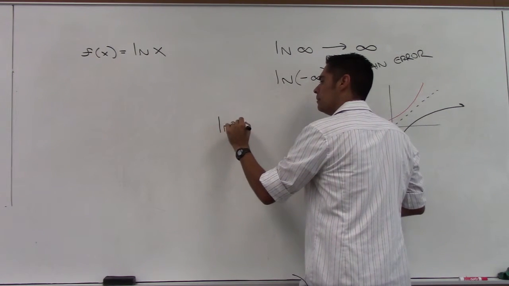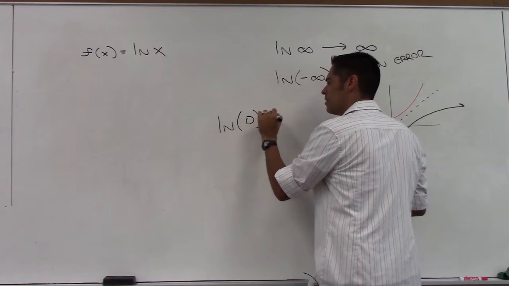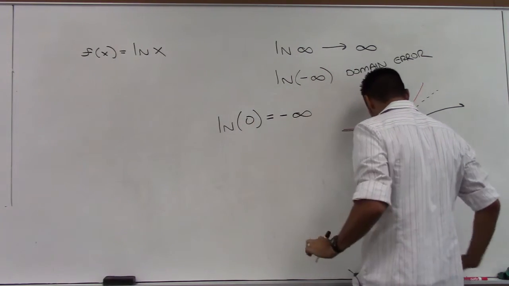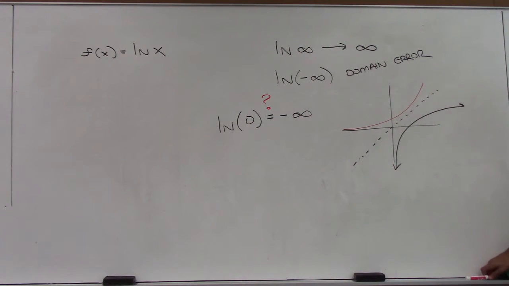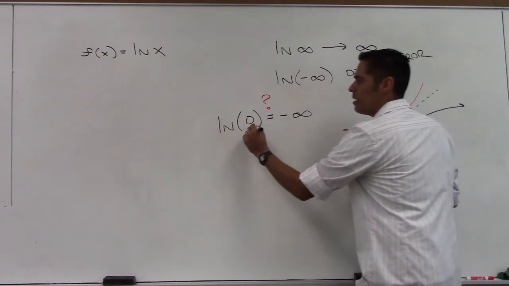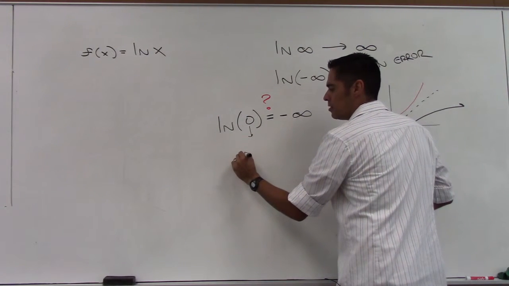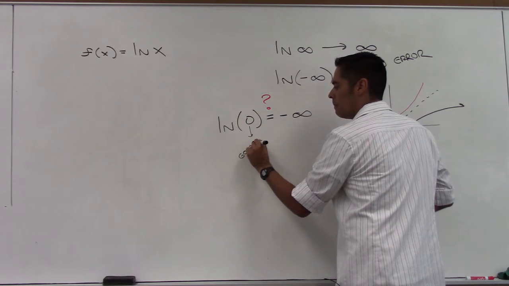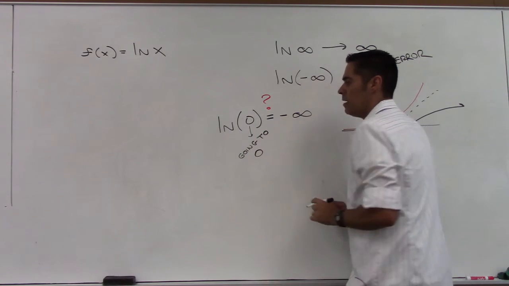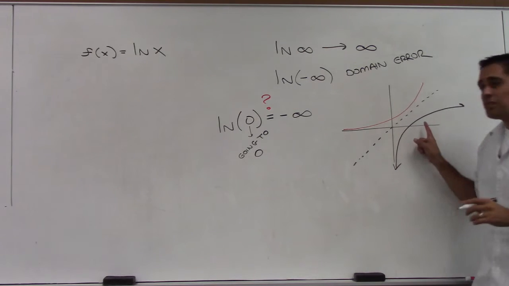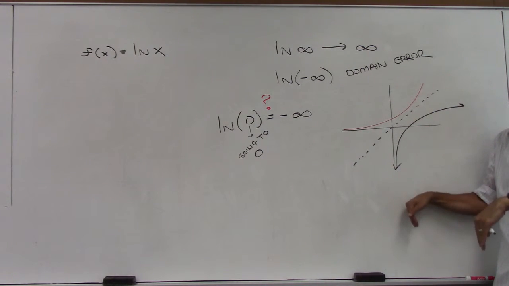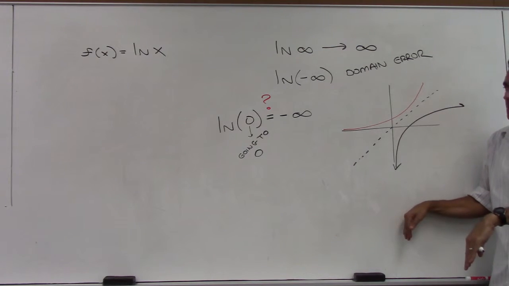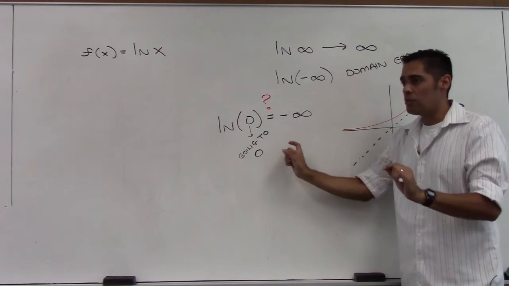Natural log, I can't do this. Can I? I mean, that doesn't make any sense. We should know from college algebra natural log of 0 is undefined. But if what I'm saying here is that the thing inside of here is going to 0, getting smaller, then yes, the graph does start to take off towards negative infinity, even though I can never be at 0 if I get closer to it.